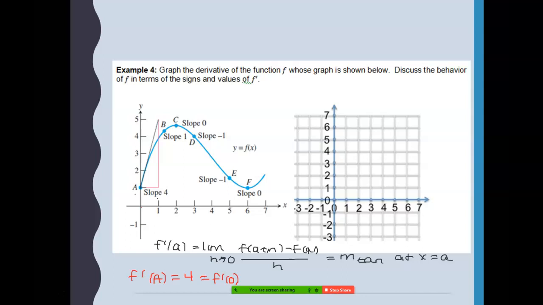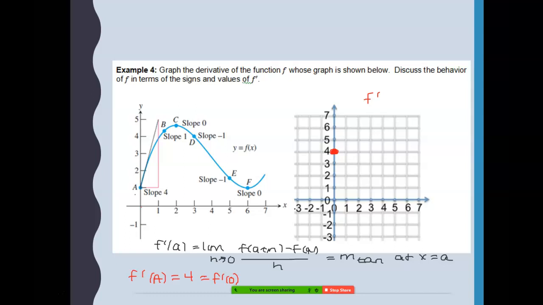So over here on this graph, if I'm graphing f prime, when x is 0, my y value is 4. Point B on this graph is kind of like f of 1. And we know that point B has a slope of 1.